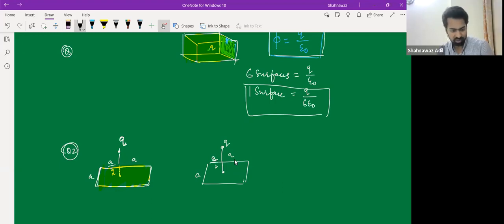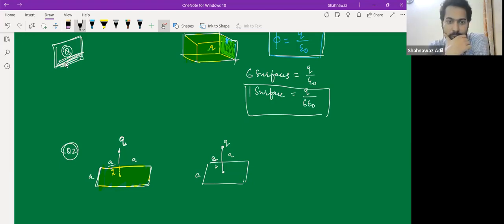What do we know about this flux, guys? As I have said, this is a similar question to this one, so take the analogy from there.